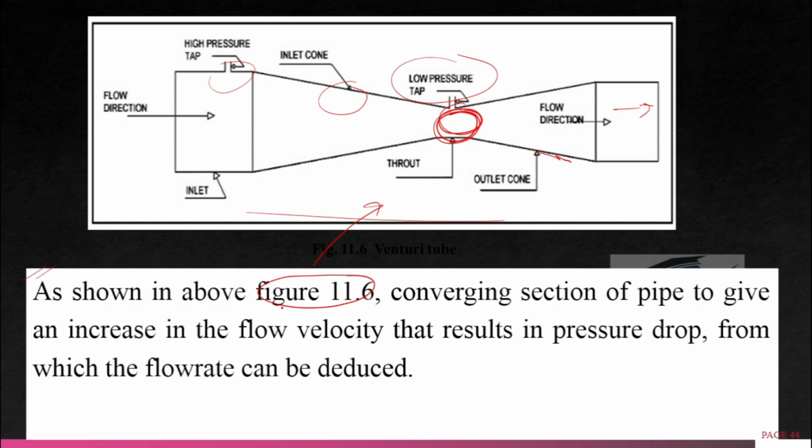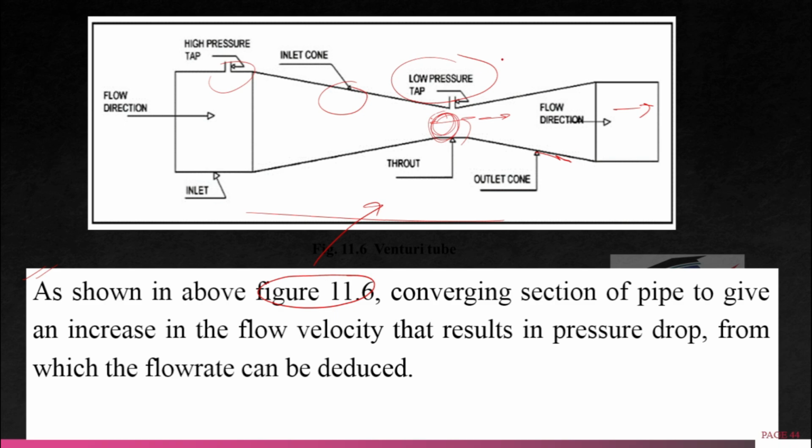As shown in figure 11.6, the converging section of pipe gives an increase in the flow velocity that results in a pressure drop. Here the velocity will increase because the diameter is very small, so the velocity will increase.